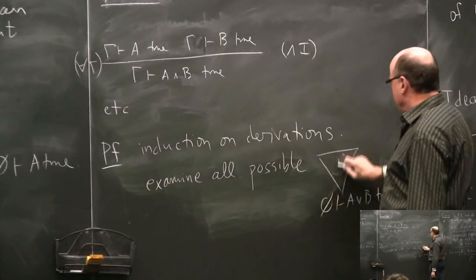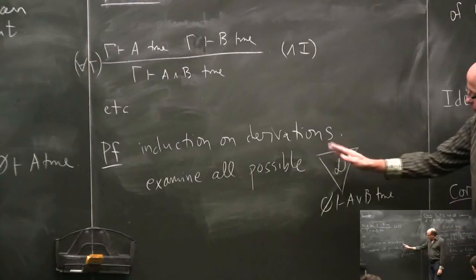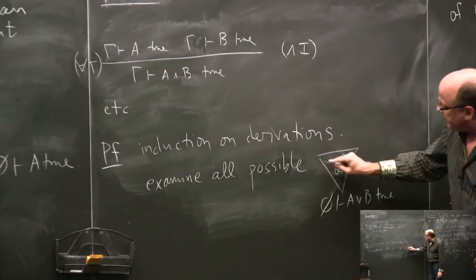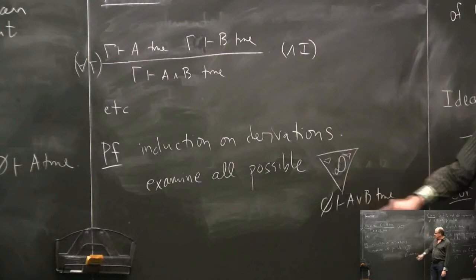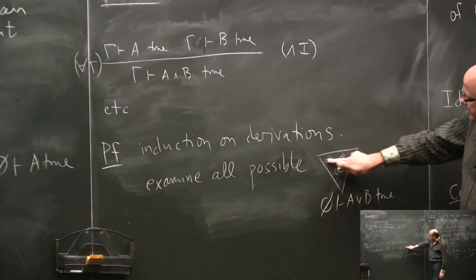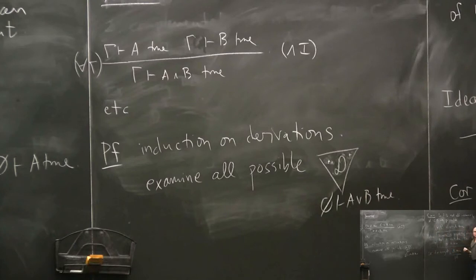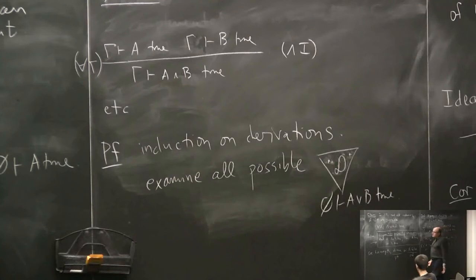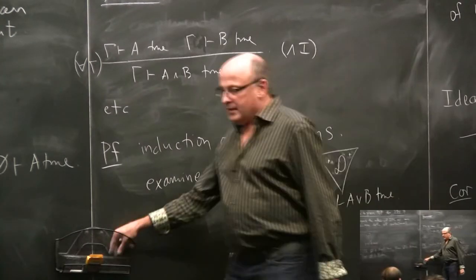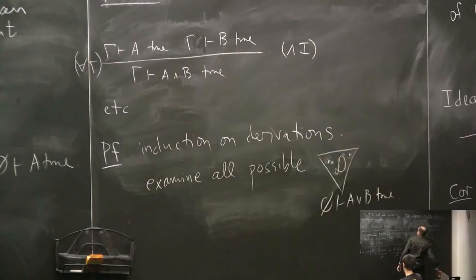You go through the derivations you could possibly have there, and you hope that no matter what happens, somewhere buried in there must be a derivation that A is true or B is true. Or even if it's not buried in there, there's enough data that I can piece together a derivation that A is true or a derivation that B is true under no assumptions. That's the strategy. It's an obvious strategy, and it's not really going to work, which is what I will show you next.